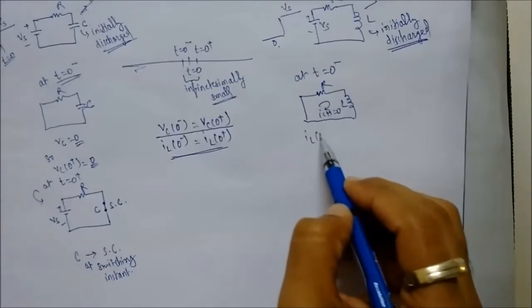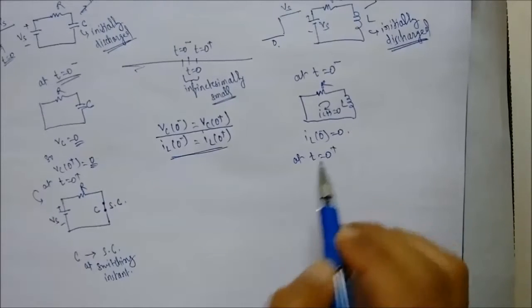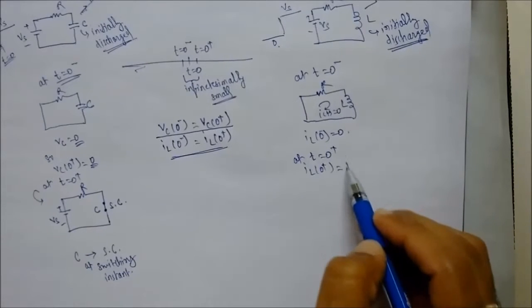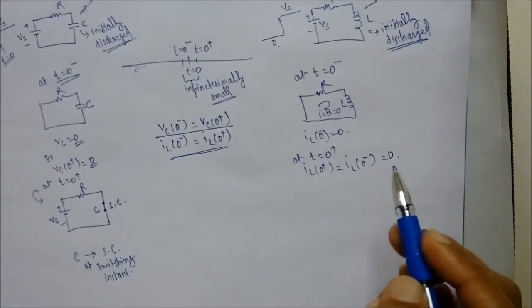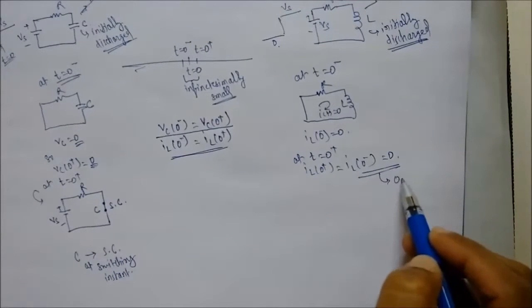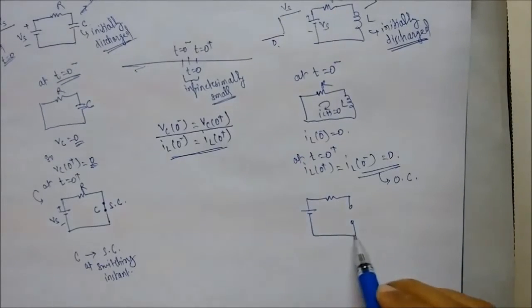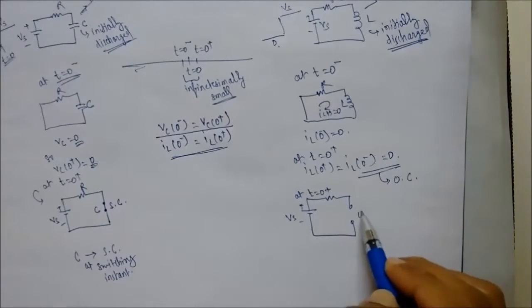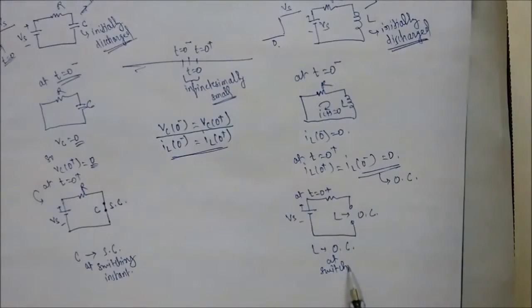That means IL at 0 minus will be equal to 0. Now at t equal to 0 plus, the inductor current will be the same as at t equal to 0 minus, that is 0. Inductor current equal to 0 means the inductor will act as an open circuit at t equal to 0 plus. That means the inductor acts as an open circuit at the switching instant.